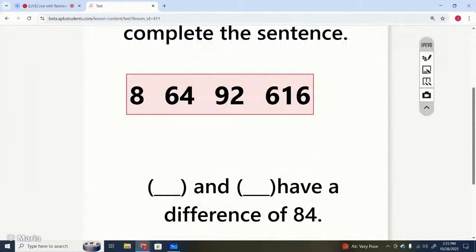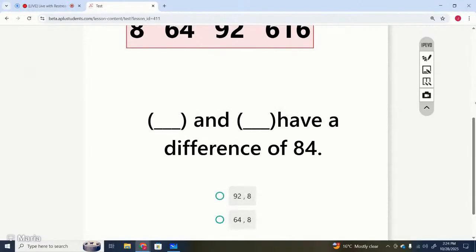Which two numbers have a difference of 84? 92 minus 8 is 84. Option number 1 is the correct option. 92 minus 8 is 84.